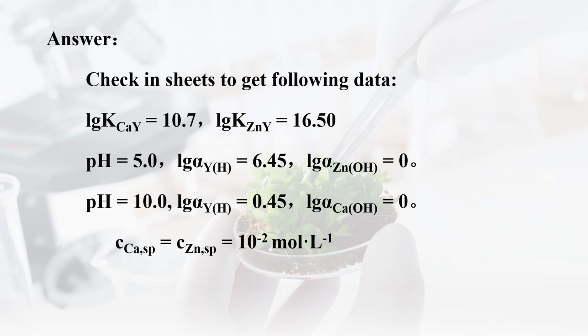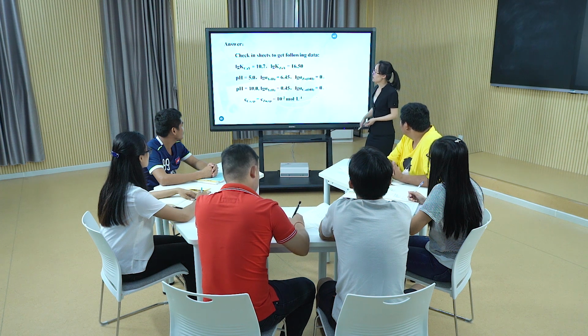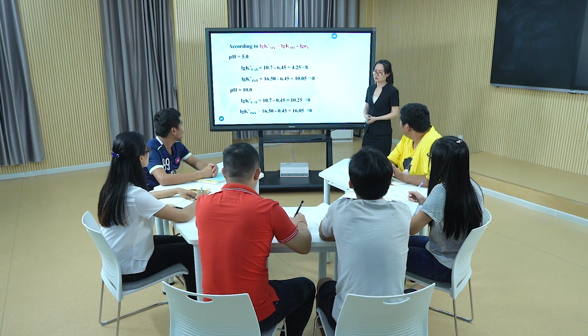First, K_CaY and K_ZnY, the formation constants, we can find from the table. Then at different pH, we can find alpha_Y(H), alpha_Zn and alpha_Ca. Also we know the concentration of metal ions at SP is 0.01 mol per liter for both. Then with this data, we can go to the final result.